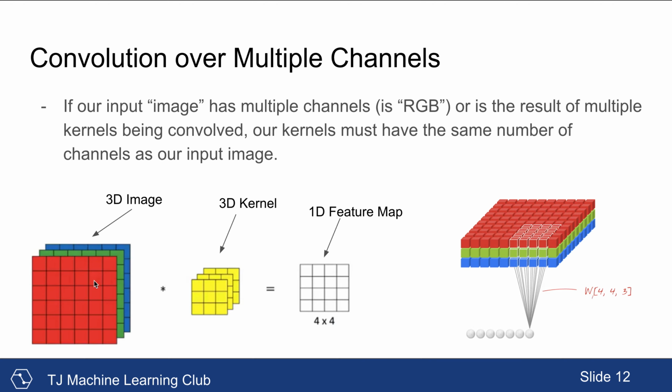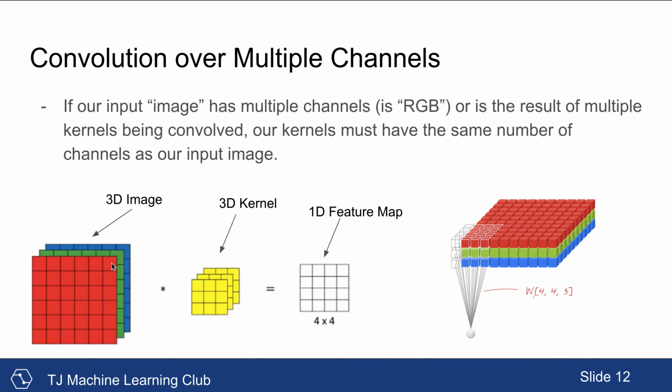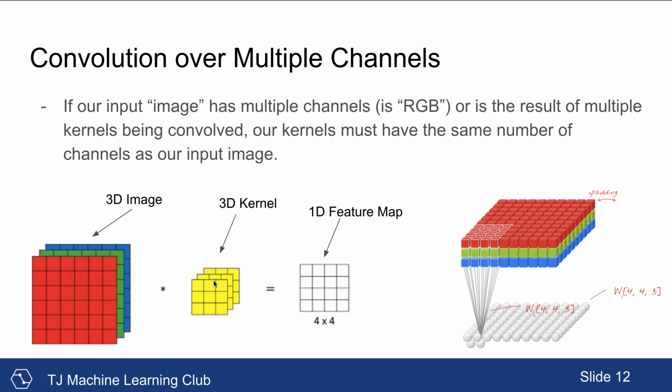And so even from the get-go, we need to have a kernel that is able to deal with that. The way we do that is if our input image has multiple dimensions, like it's 3D, then however many channels we have, here we have three channels, our kernel must also have the same number of channels, right?